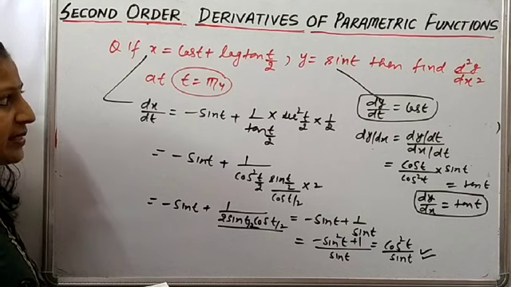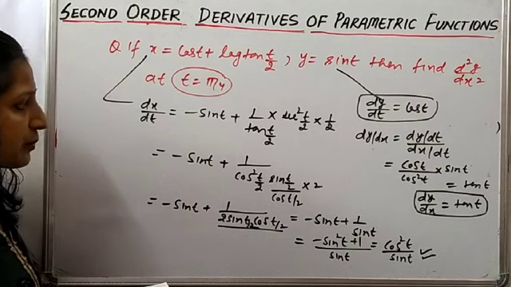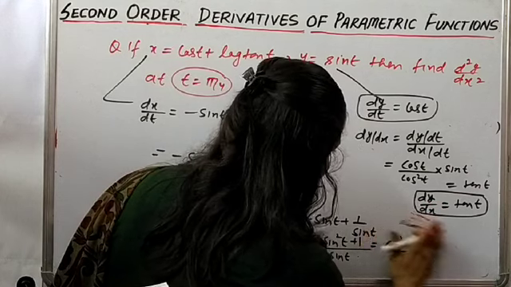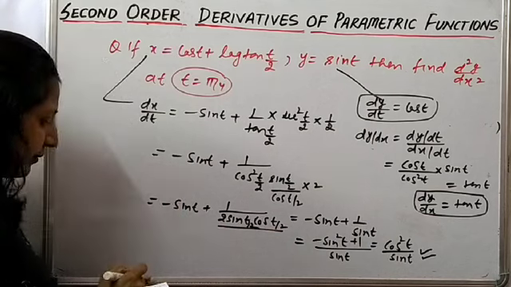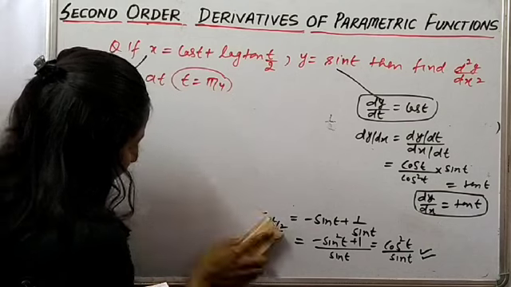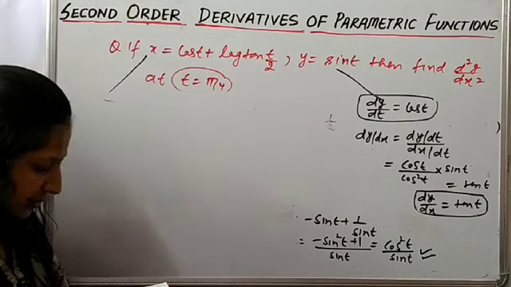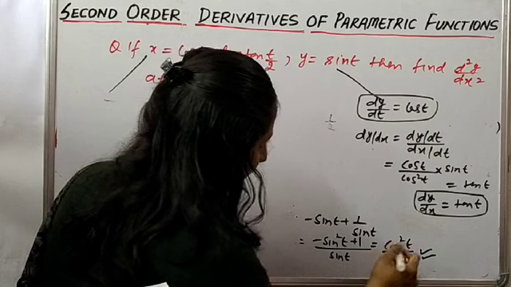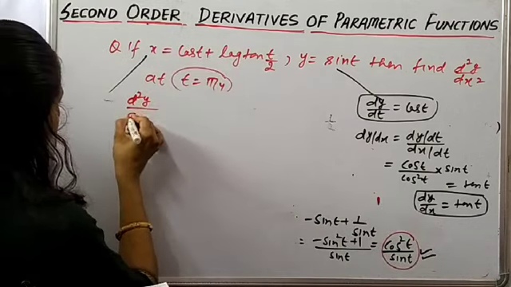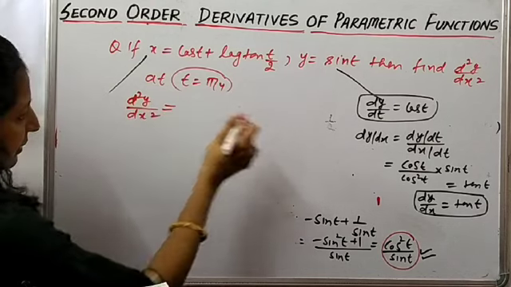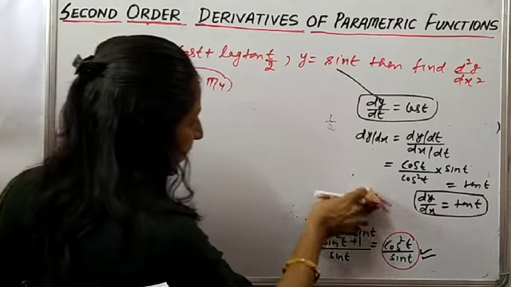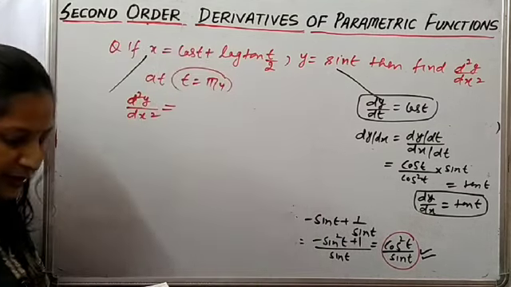Now, in order to find second order derivative, we will again differentiate both sides with respect to x. So d2y upon dx square: first of all we will differentiate with respect to t, as dy by dx is a function of t only, right?